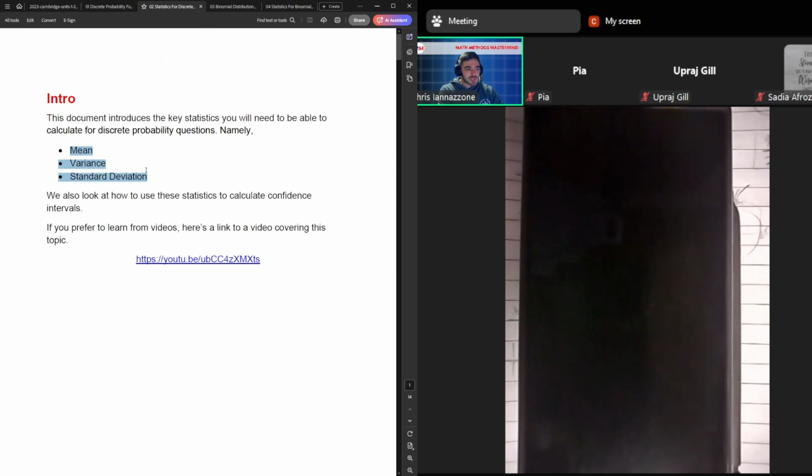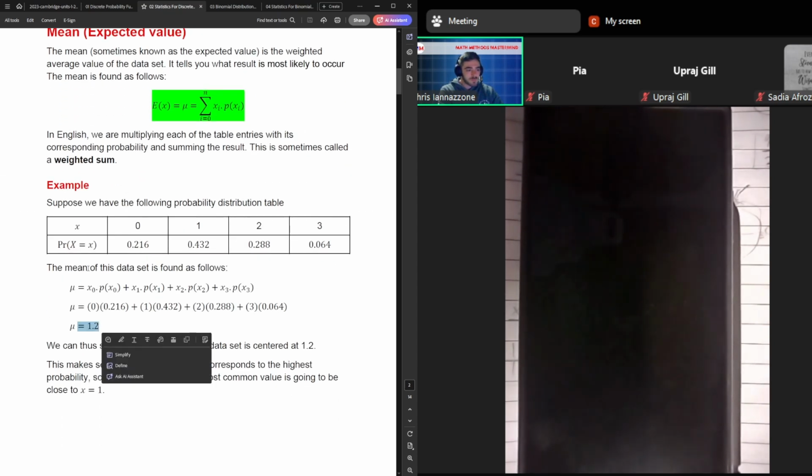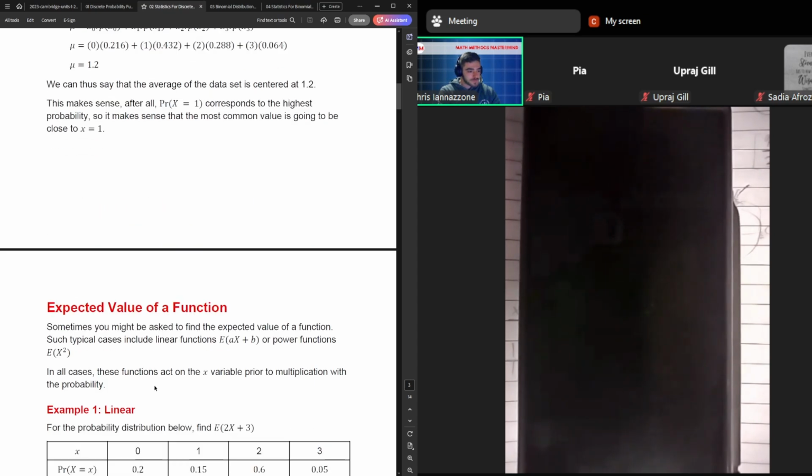Ideally, you'd be using all these together to get a really good idea of what's going on, but this on its own tells you roughly where the center of your data is. And you can kind of tell that already, right? 0.432, that's the biggest probability out of all of this. And you can see more probability is to the right of this than it is to the left, so it's going to be slightly skewed right, which is why it says 1.2 here. That's what's going on there.